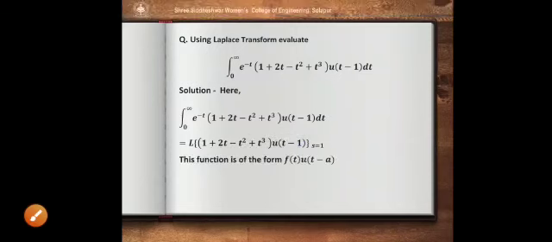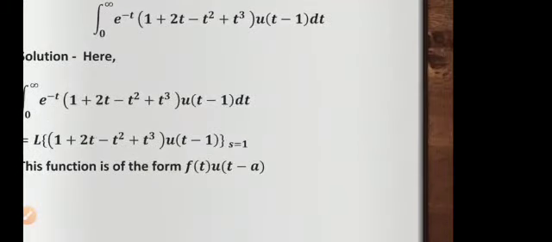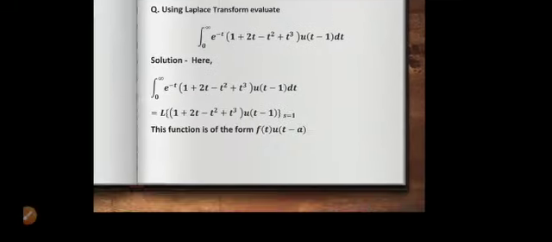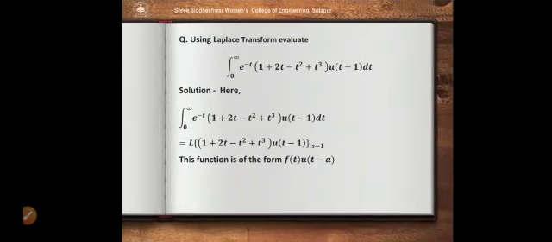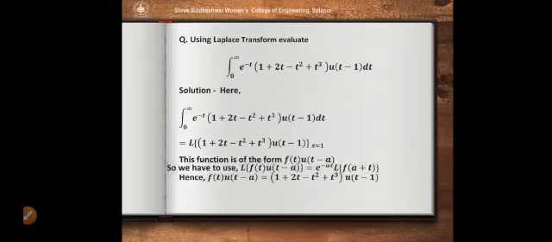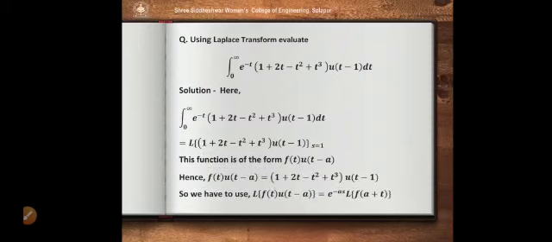Okay, now again this function is of the form f of t into u of t minus a. Comparing the function with the standard form, we get the f of t and a value.